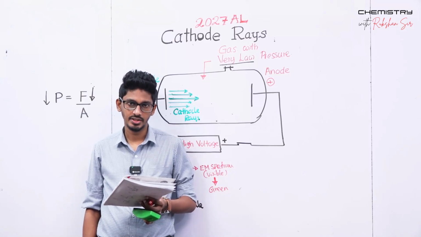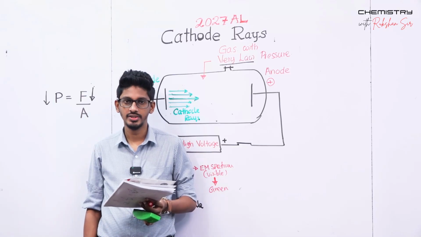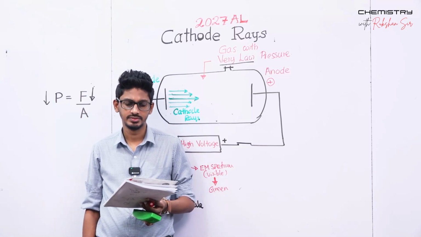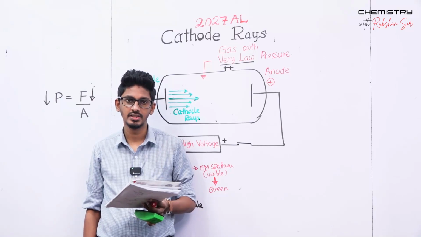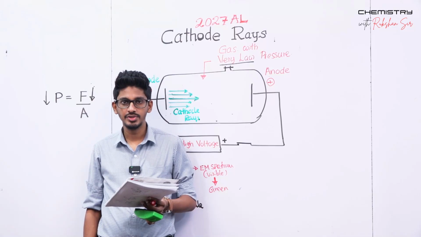the heated negatively charged plate, called the cathode, produced a stream of invisible radiation.